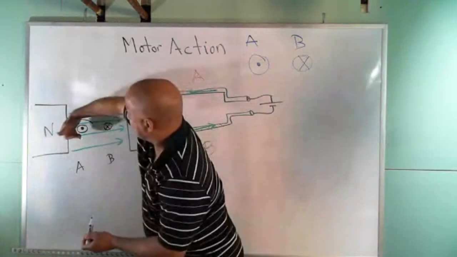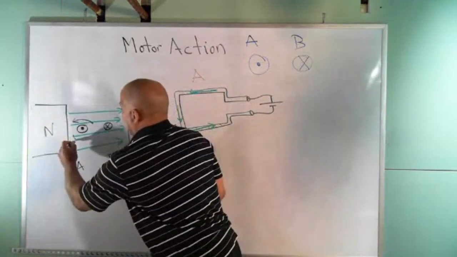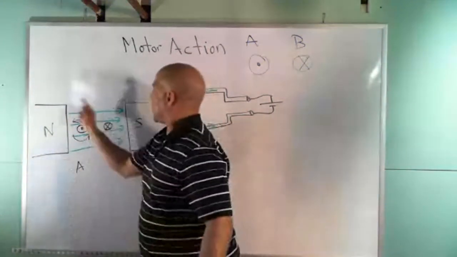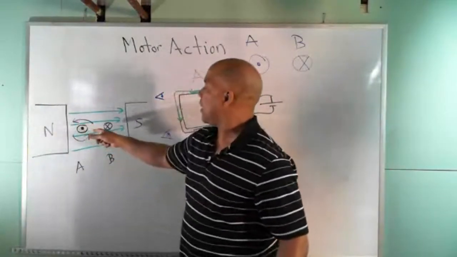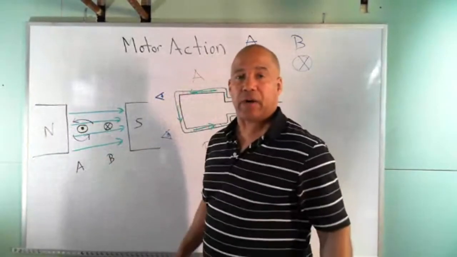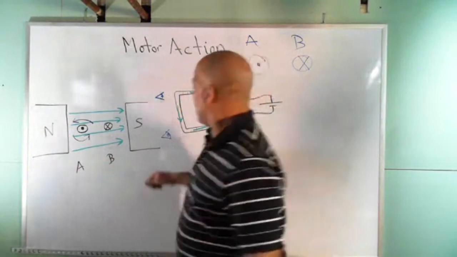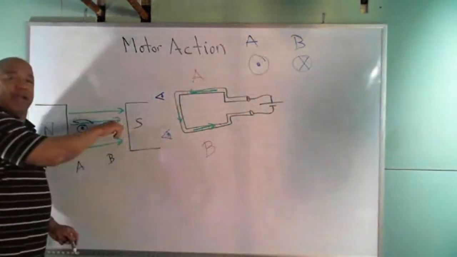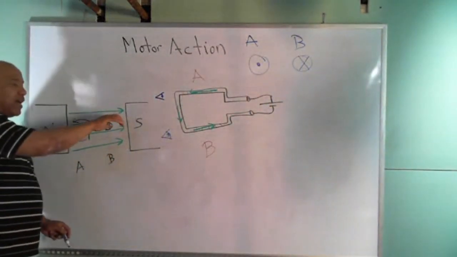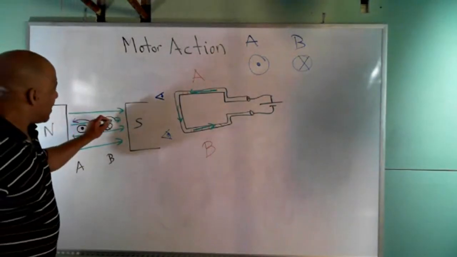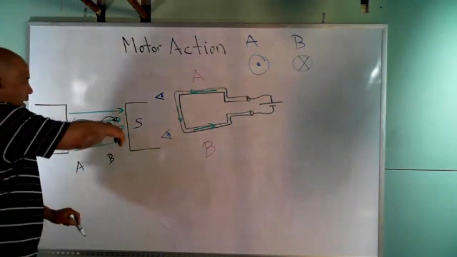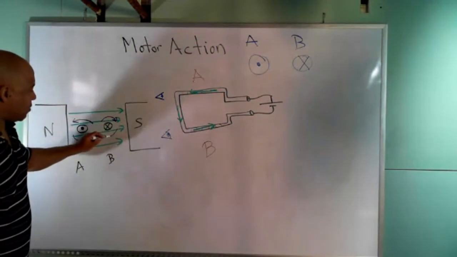On the bottom of conductor A, my arrows are like that. So there's a counterclockwise rotation of the flux field around that conductor that we call conductor A. If I do the same thing to conductor B, I get the opposite effect. This time my fingers are curling that way. So on the top, I have flux rotating that way, and on the bottom, I have flux rotating this way.